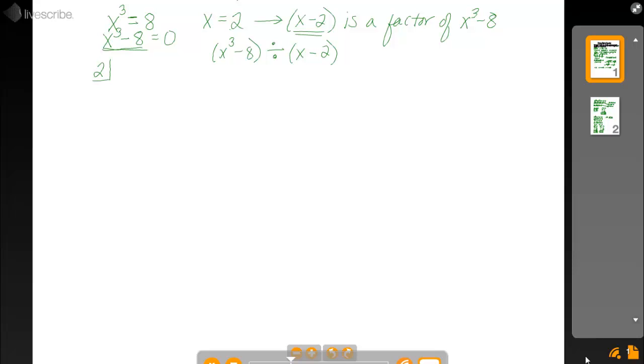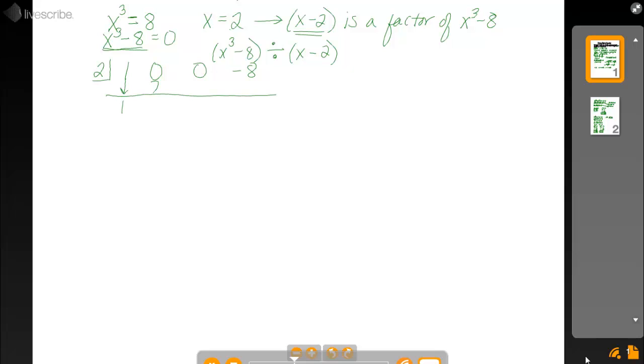We want to put our coefficients of x cubed minus 8 lined up. So there's a 1, 0x squared, 0x, and negative 8. That right there is sometimes the trickiest part, remembering that there's no quadratic term in x cubed minus 8 as well as no linear term. So we have to put the zeros in there as placeholders.